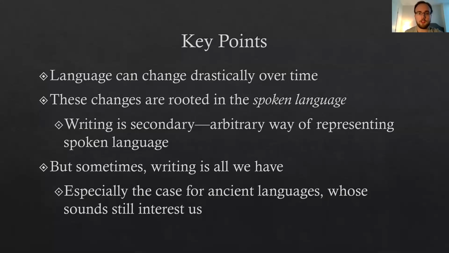And these changes, as we've seen, are rooted in the spoken language, how the language is spoken. Writing systems are secondary to spoken language. Those are arbitrary ways of representing the spoken language that, apart from people consciously trying to change the way they speak to reflect the writing system, doesn't represent natural language change at all.